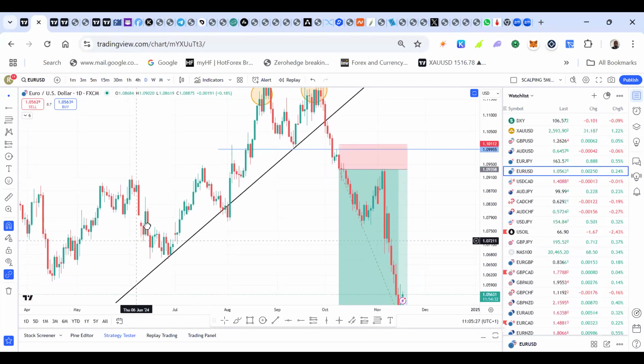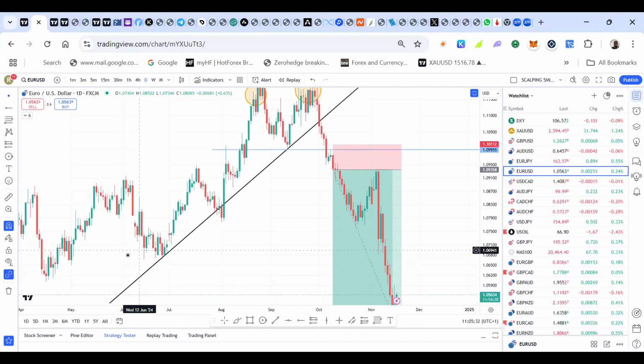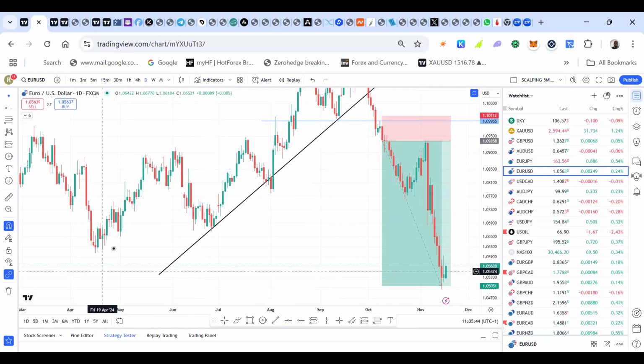Now we are talking about the confirmation checklist before you take a trade. Now you are looking at this trade. What trend is this? This one now, the one that was like this. This is an uptrend. So the market was in an uptrend.